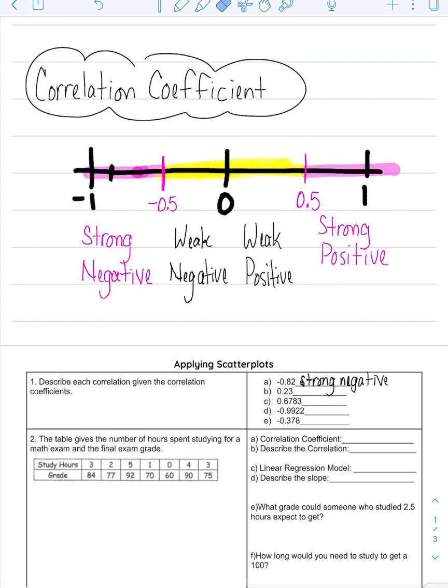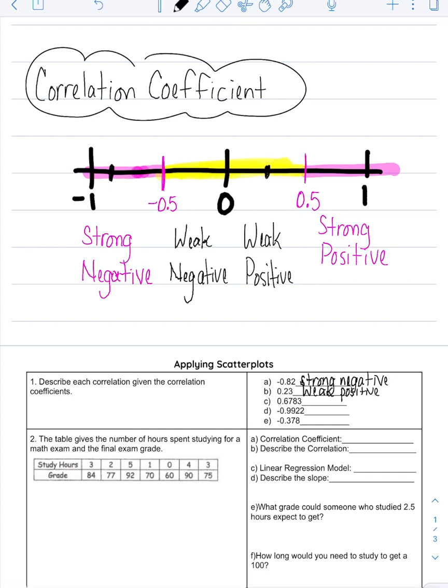Now let's take a look at B, which is 0.23. On the number line, 0.23 is going to be between 0 and 0.5 on the positive side, about right there. So that's going to be a weak positive. Weak because it's between 0 and 0.5, and positive because it's on the positive side of the number line.